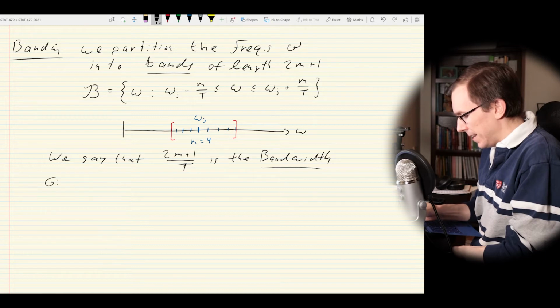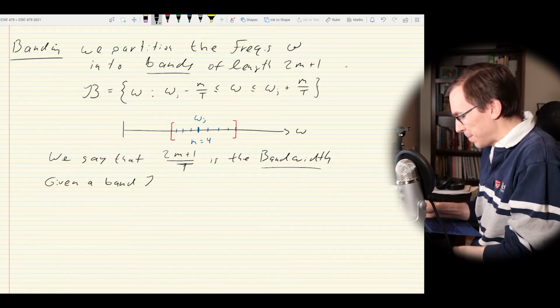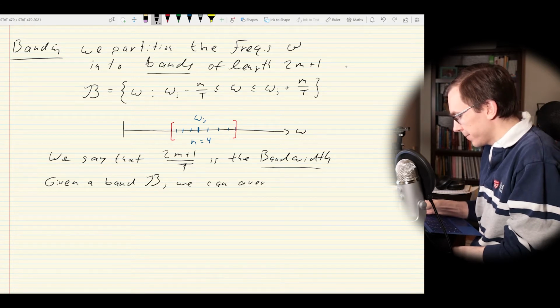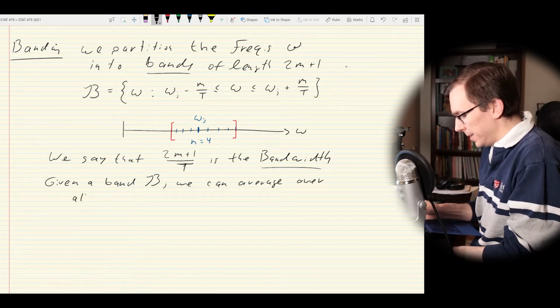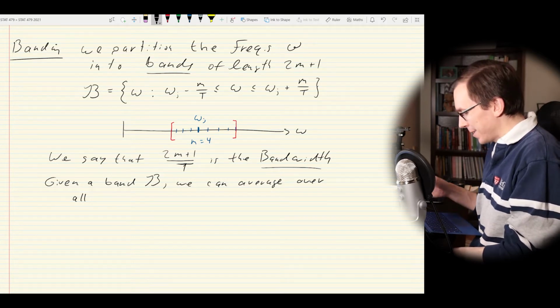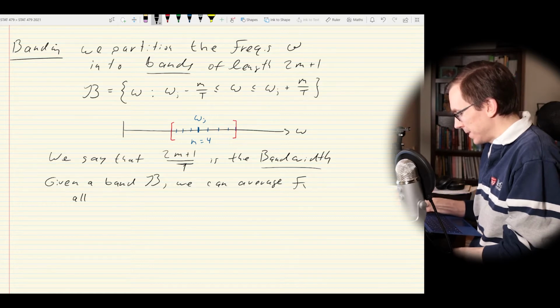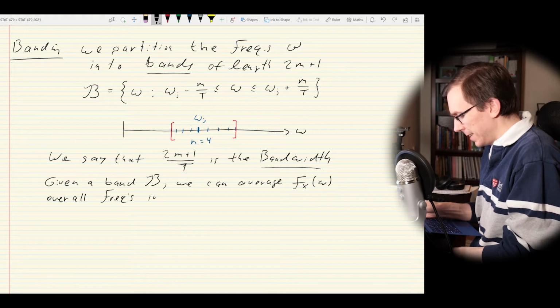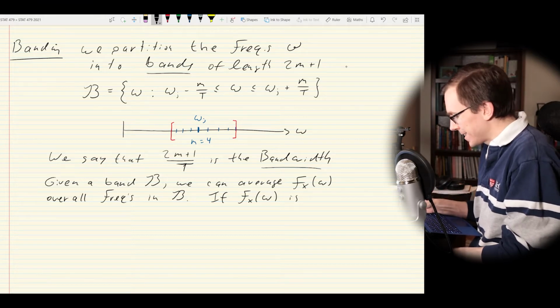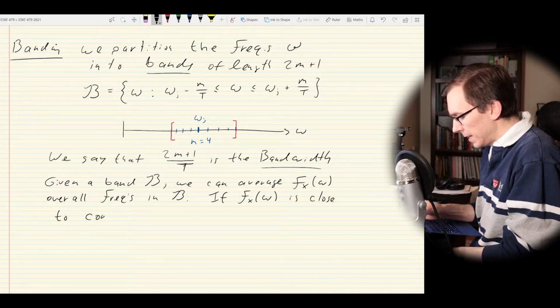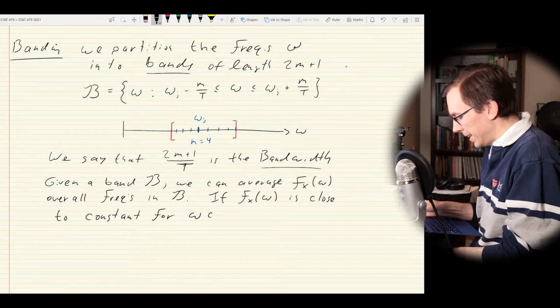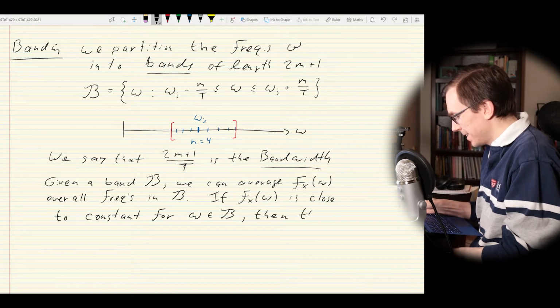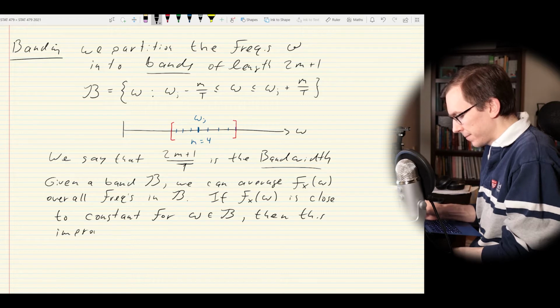So given a band script B, we can average the spectral density over all frequencies in B. And the idea being that if f_x of omega is close to constant for omega in B, then this improves the estimate.